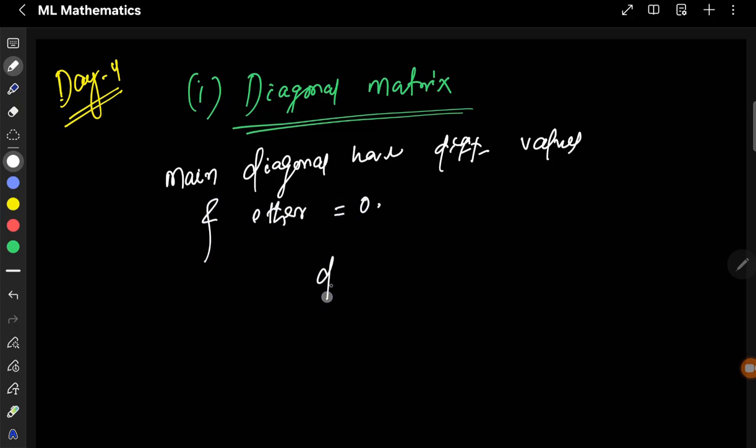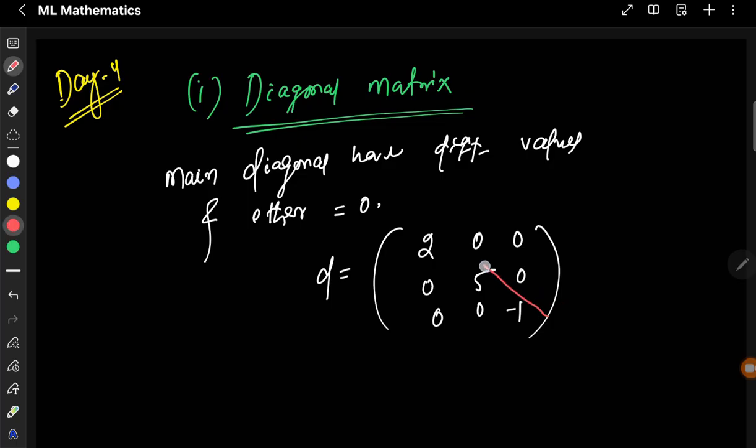What does that mean? Let's say D is the matrix I'm talking about. In this D matrix, I will have all the values 0 other than the diagonal. See, there are always two diagonals in a matrix. This is one diagonal and this is the second diagonal. Out of these two diagonals, the first one is my main diagonal.